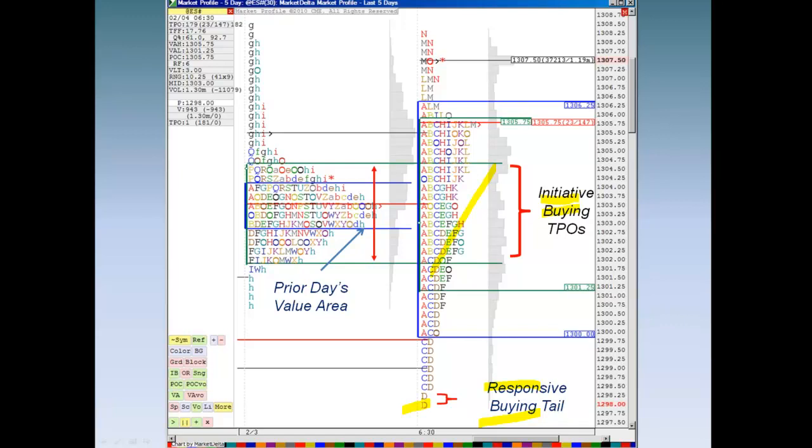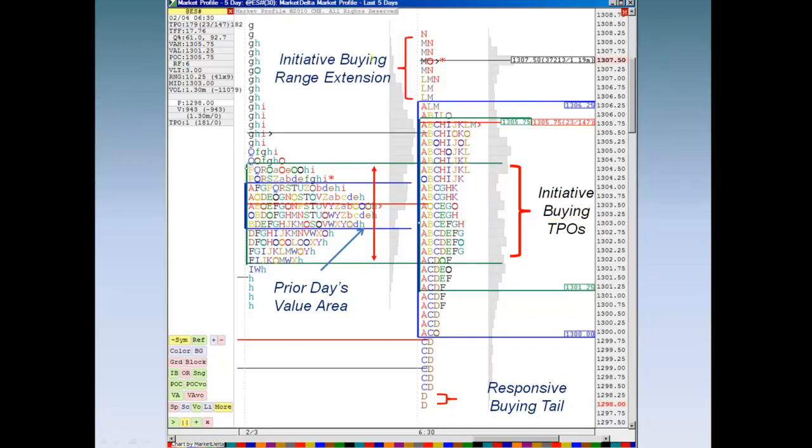Now, why is this initiative buying TPO and not selling TPO? If you notice, prices are moving higher, and the TPO count tells us that the buyers are in control, and that's why this is initiative buying and not initiative selling.